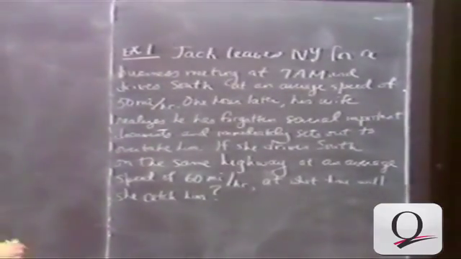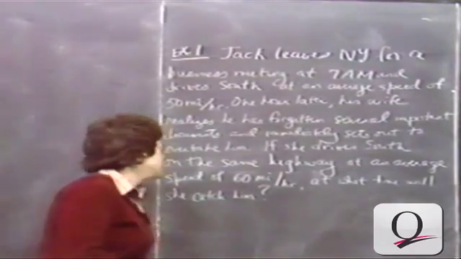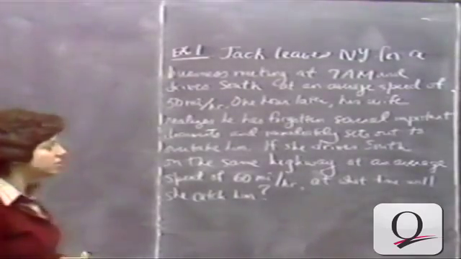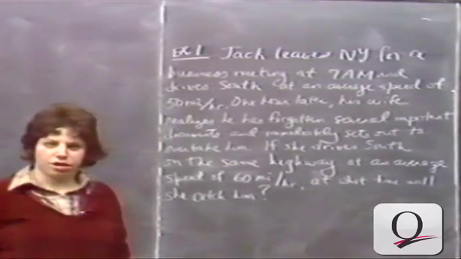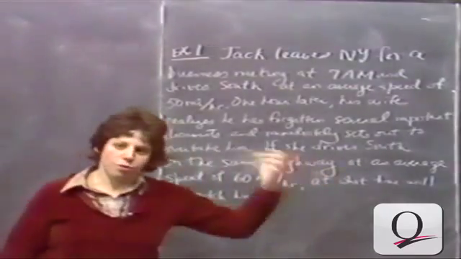Now, the common sense idea that you have to provide in this particular problem is that when she overtakes him, they will have each covered the same distance. Jack will cover a certain number of miles when his wife reaches him.